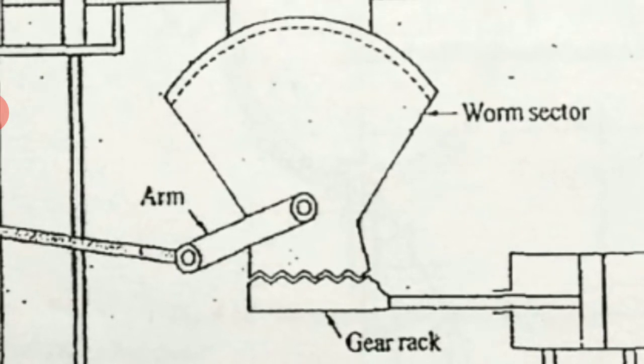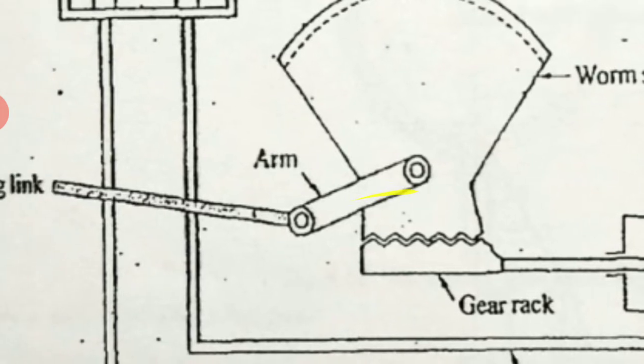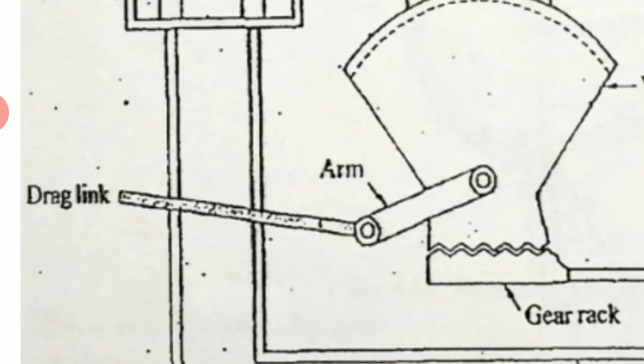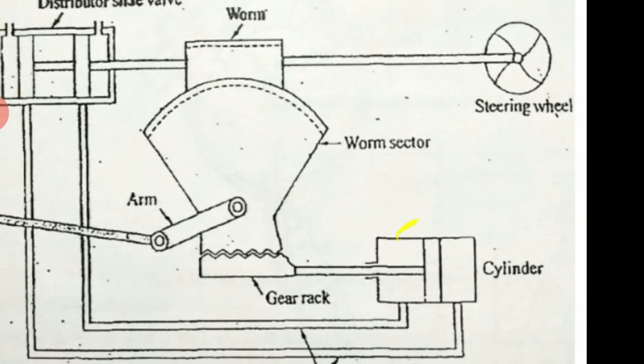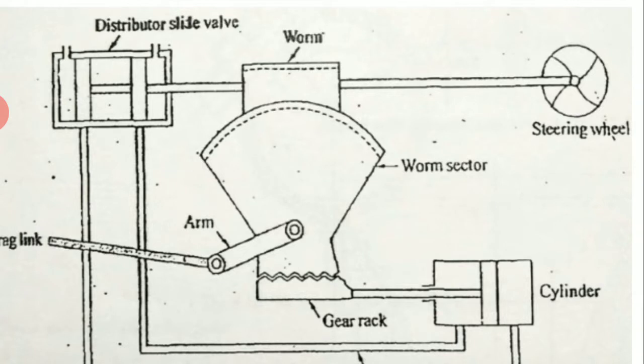When the worm sector rotates to and fro, the arm will tilt, and ultimately it connects to the drag link, which is connected to the wheels. When the steering wheel is turned, the worm turns the sector wheel and hence actuates the arm.